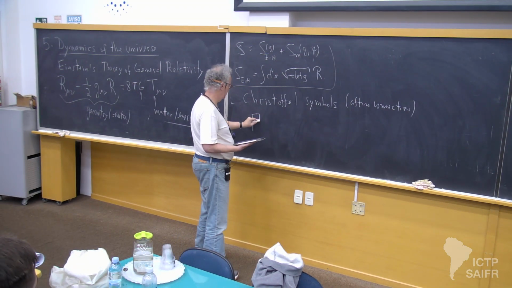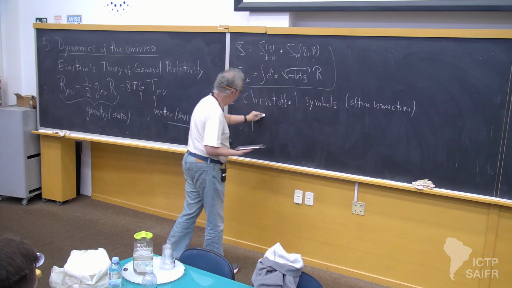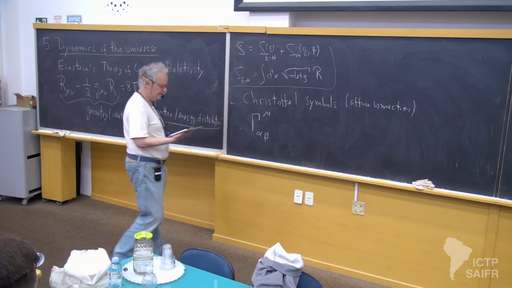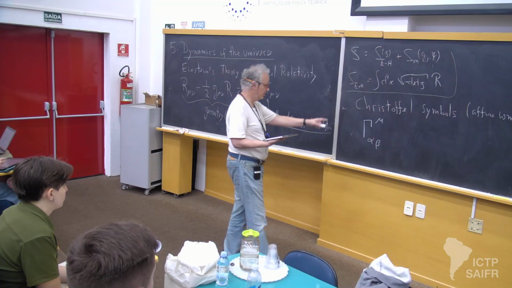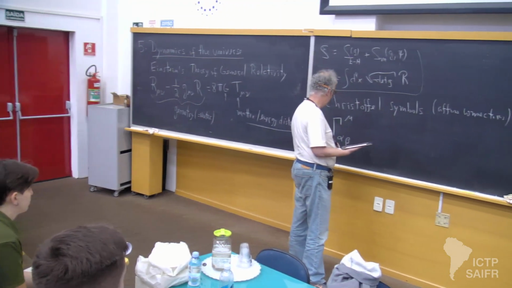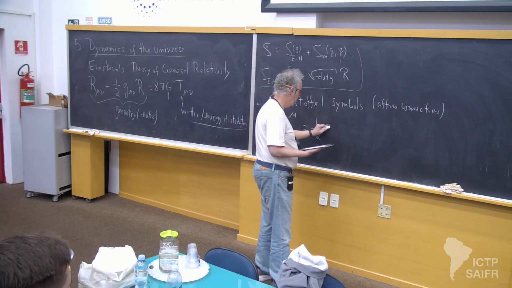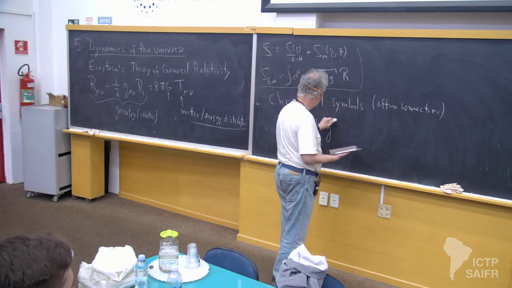The symbol is this. They're not tensors, but they have three 4-dimensional indices, mu, alpha, and beta. And this is the definition. I'm just writing things again.